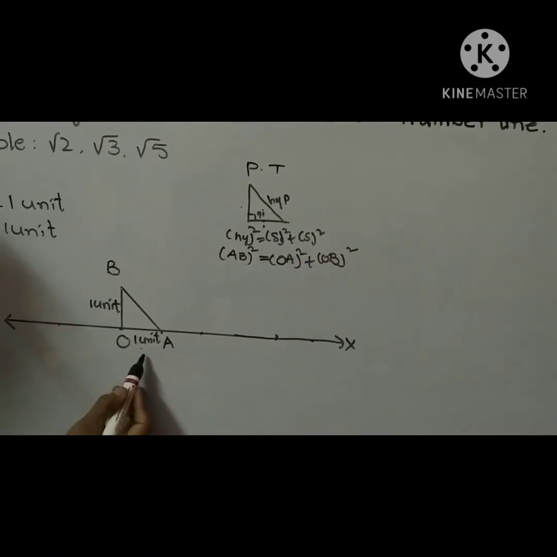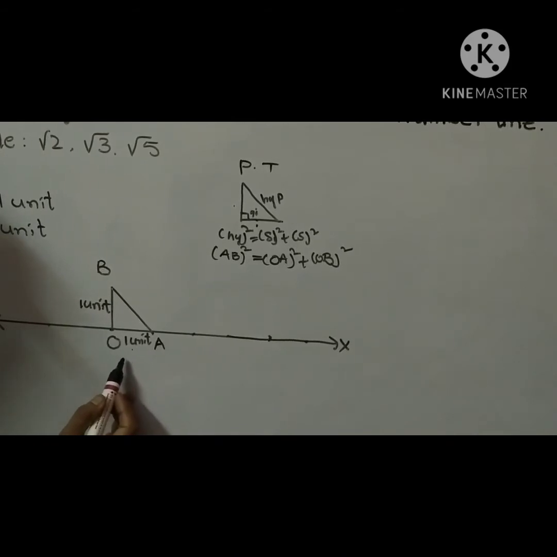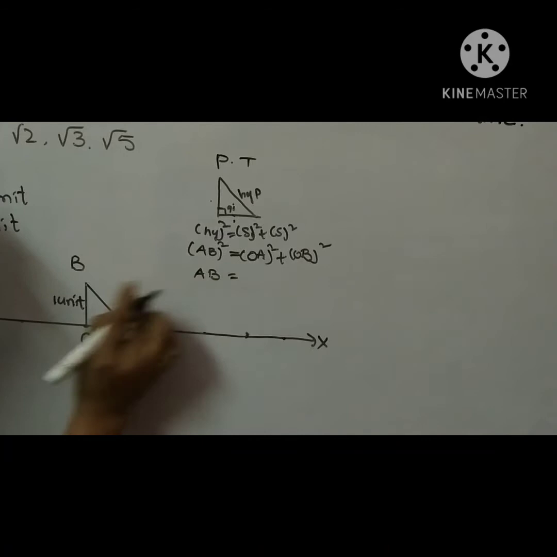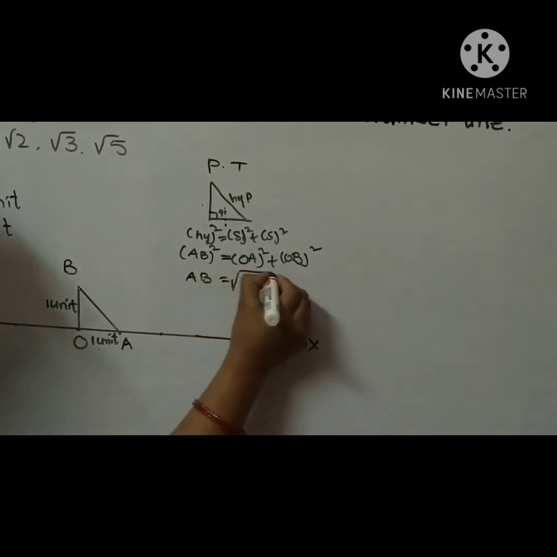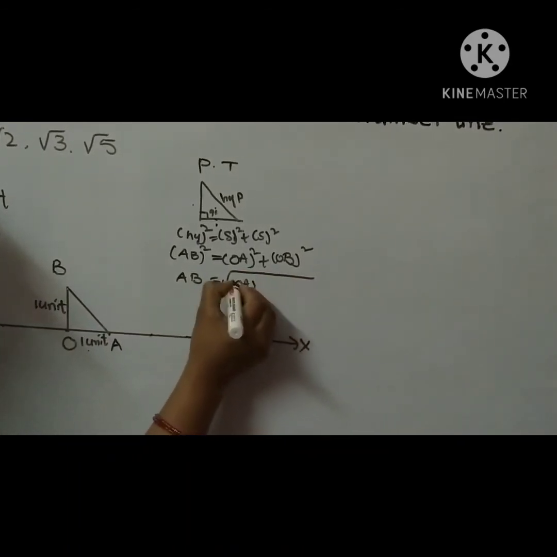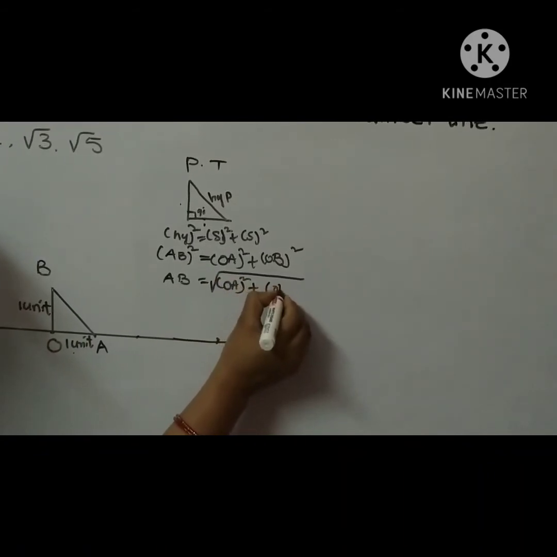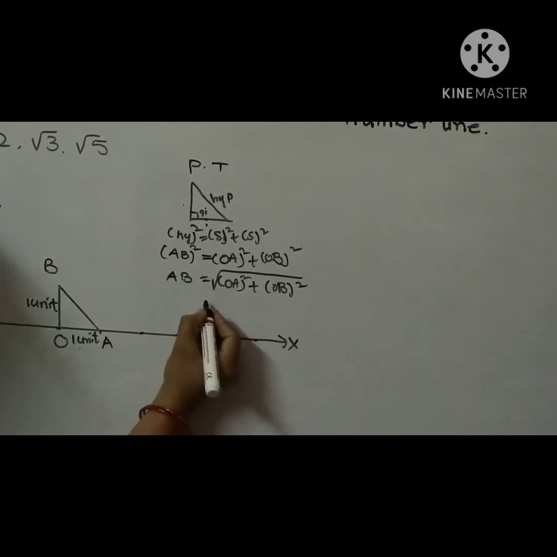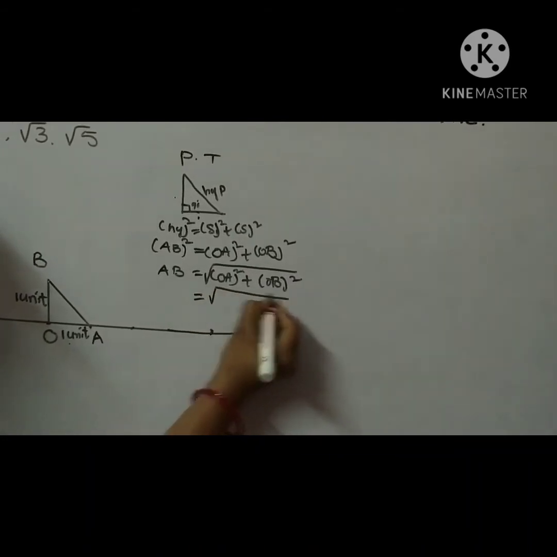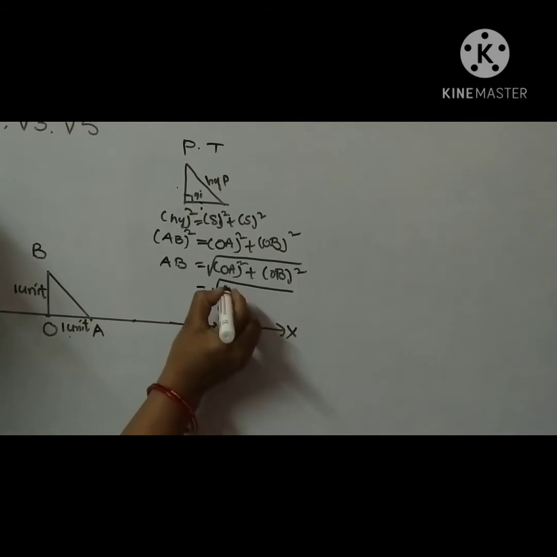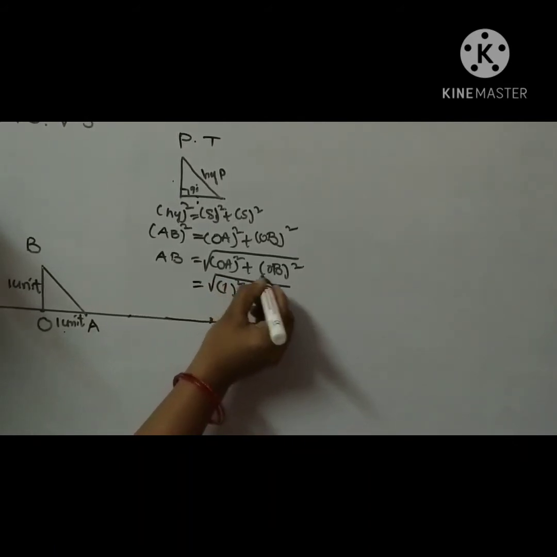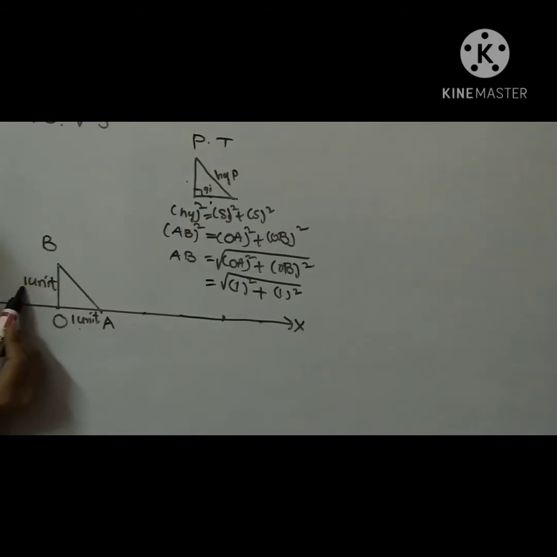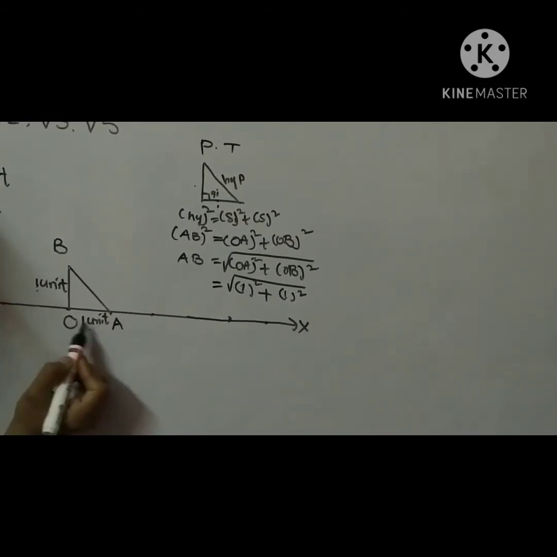So AB equals the square root of OA whole square plus OB whole square. OA means 1 unit, so write 1 whole square plus 1 whole square, since OB is 1 unit and OA is 1 unit.